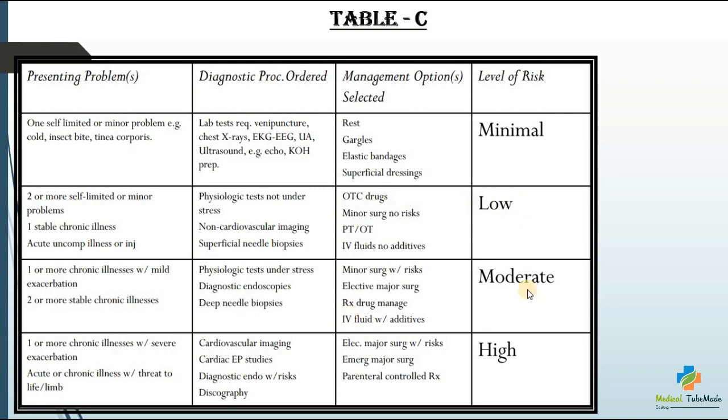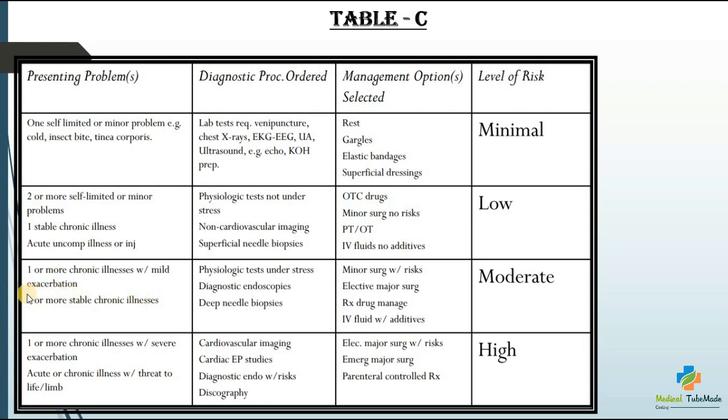Okay, then guys, check for moderate risk. For moderate, you can see here 1 or more chronic illnesses with mild exacerbation. See, in case of low, chronic illness is stable. In case of moderate, mild exacerbation should be there. Okay, 1 or more. And then 2 or more stable chronic illnesses.